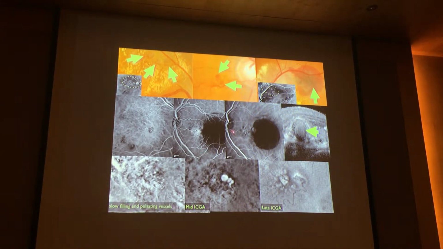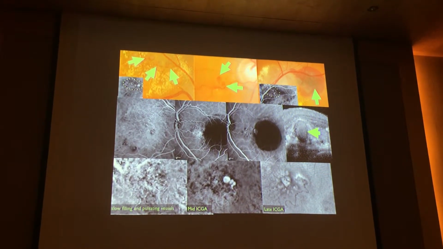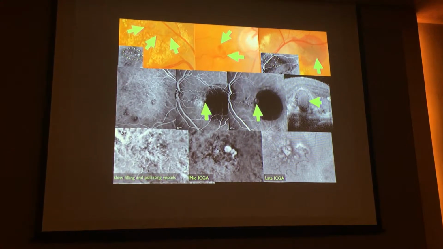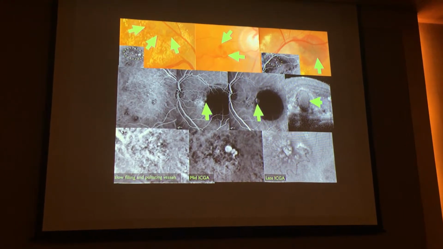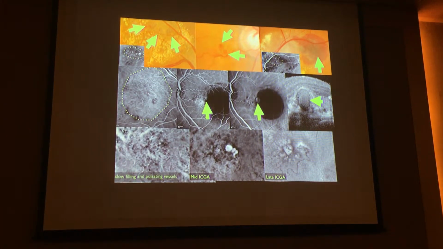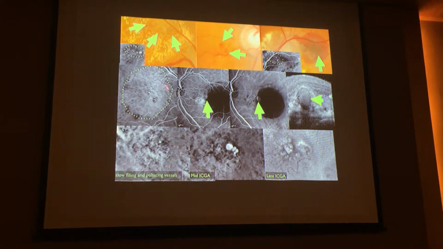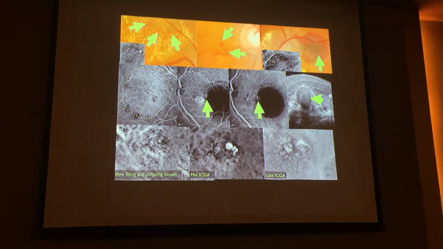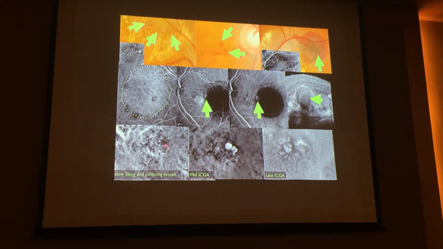Then you see the retinal pigment epithelium detachment here, but the hot spot is always at the edge, it's not in the center. And if you have an ICG, you can actually also see a fine net with some polyps inside or at the edge of the fine net. Now, when you look at the dynamic of the ICG, you see the pulsatile characteristic of the flow of a polypoidal lesion, you see?